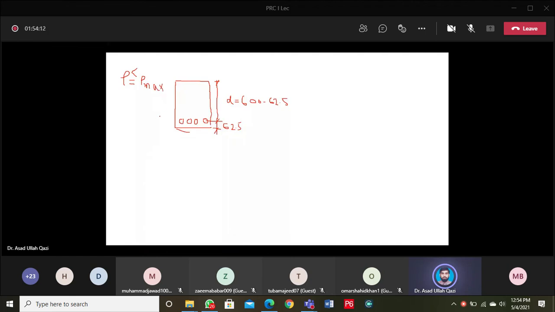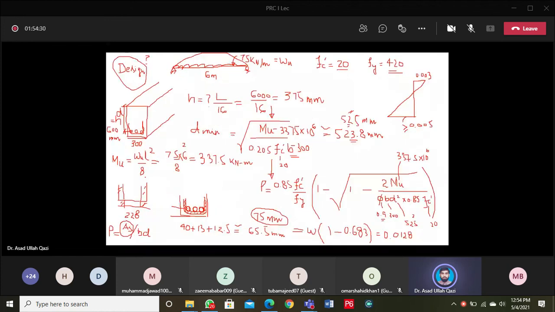Now one more point which is important: in your cross section which you have designed and finally sketched, if you want to check what is epsilon s in the steel, or where is the neutral axis depth, you can even calculate that.